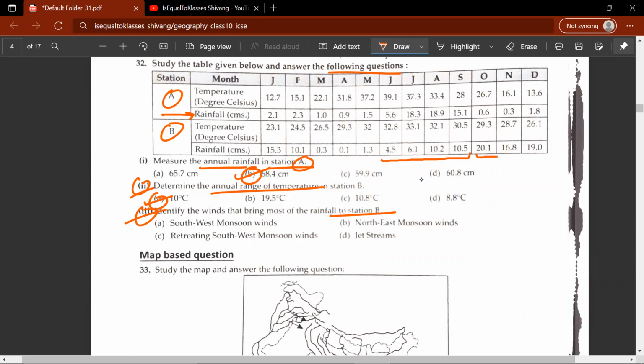You have 20.1, 16.8, and 19.1. And then you have 15.3 rainfall in centimeters. So January, October, November, and December. So you should be confident to note that this would be somewhere in the southern part of India. So the correct answer for the third would be C, retreating southwest monsoon winds.